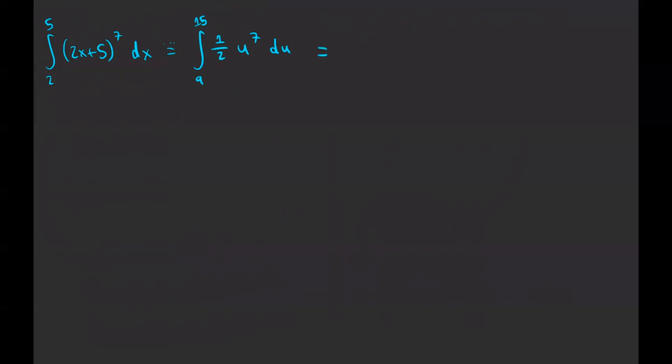We're going to do our simple power rule. We add 1 to that exponent, and divide by that resulting exponent. So when I divide by an 8, that 1/2 becomes a 1/16. Remember, because we have a definite integral, we want to evaluate at 15 and 9.